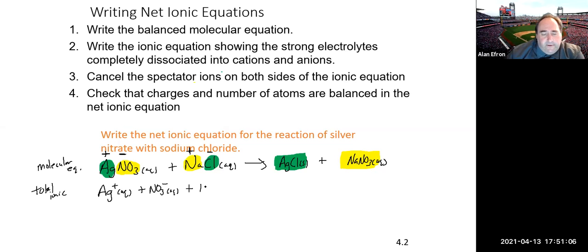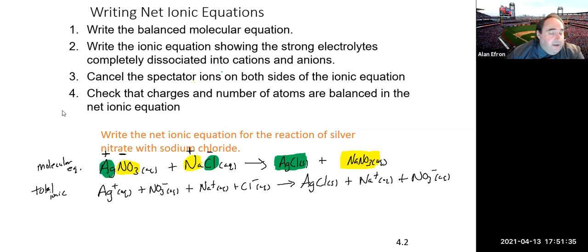Our sodium chloride would break apart into a sodium ion plus our chloride ion. Again, anything that is a solid, a gas, a liquid, or a weak electrolyte does not break apart. So silver chloride, which is a solid, would stay together. And our sodium and our nitrate would break apart here.